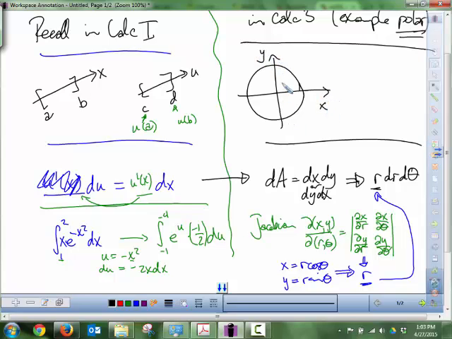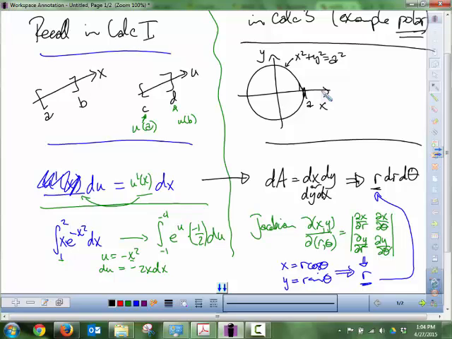And so when we integrate over a circle, we have this complicated looking function, and I'll put just some constant a here.